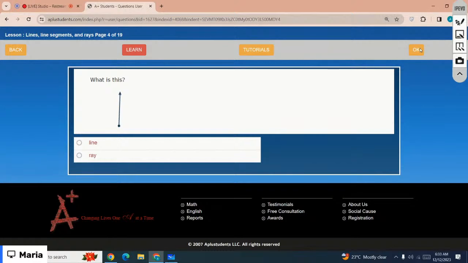What is this? Line, ray? This is the ray.